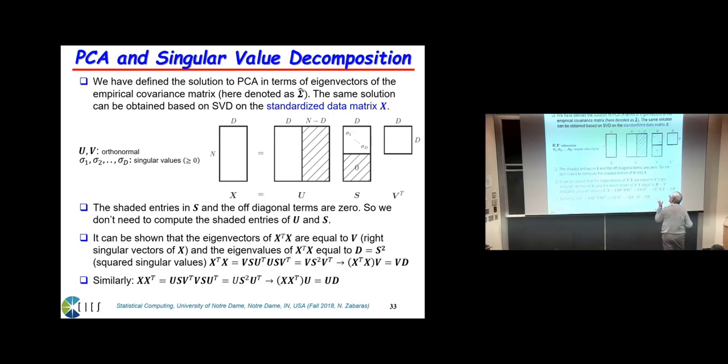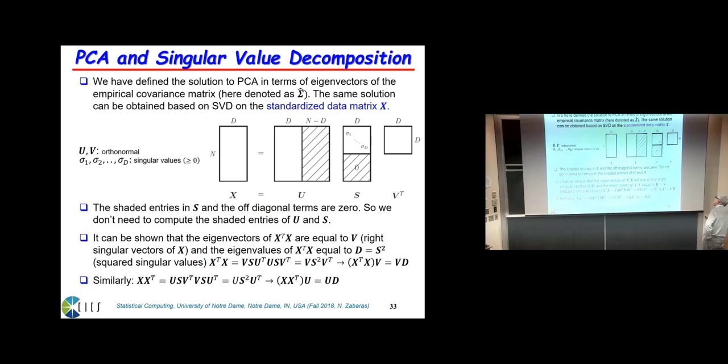What you can show, and this is generic, is that you can write X as an orthogonal matrix U times a diagonal matrix S, plus another orthogonal matrix V. So X equals U times S times V transpose.